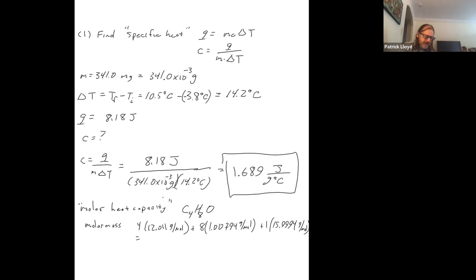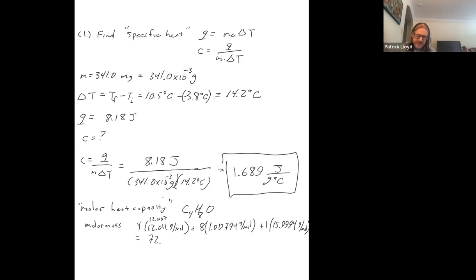Actually it's 12.0107. Let me put that in there. So let's do that correctly. 4 times 12.0107 plus 8 times 1.00794 plus 1 times 15.9994. So your molar mass is 72.